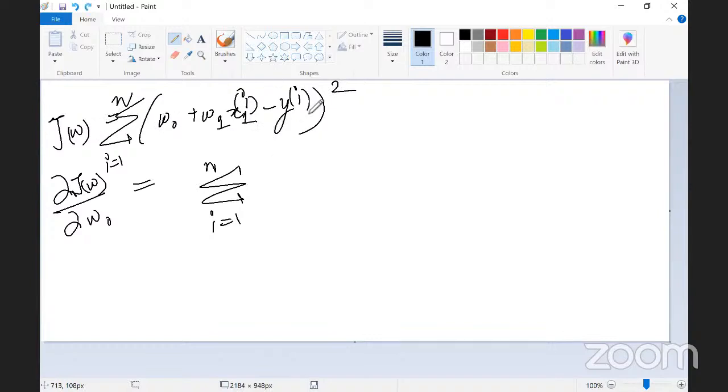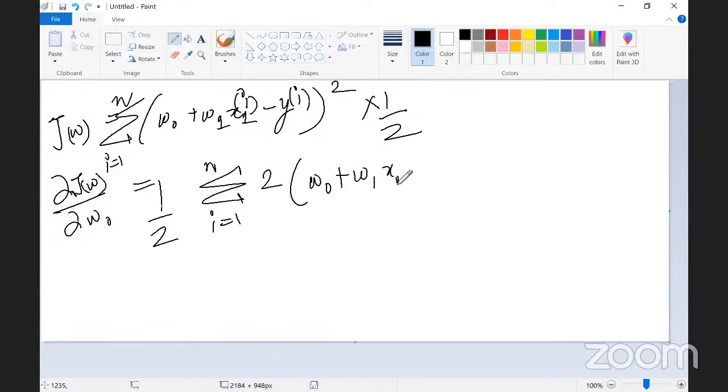We write the half already, so the half is there and this 2 will come over here. The exact quantity is W0 plus W1 x1 with superscript i, not power i, minus yi.